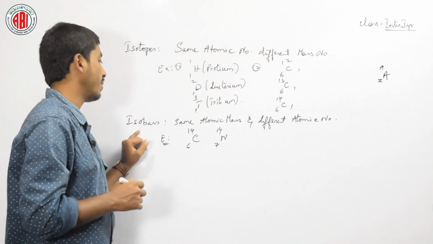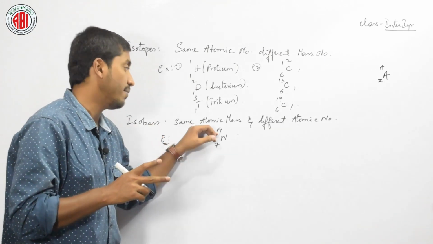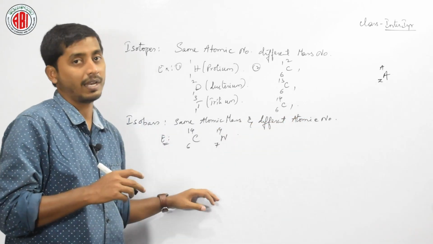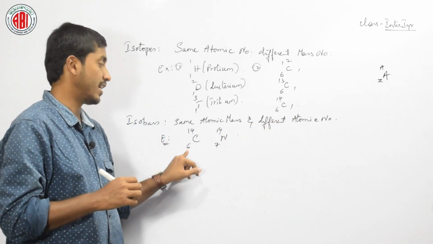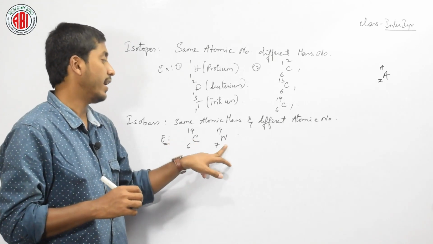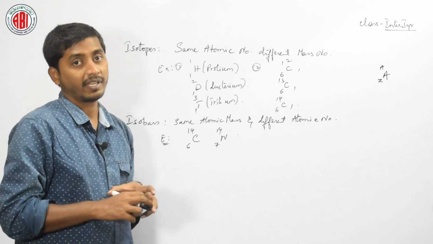The next is isobar. Isobars are two atoms having the same mass number but different atomic numbers, right. One of the examples is carbon with atomic number 6 and mass number 14, and nitrogen with atomic number 7 and mass number 14, right.